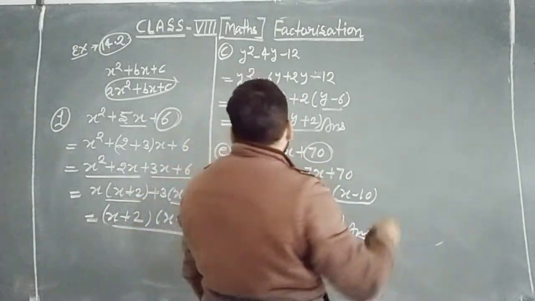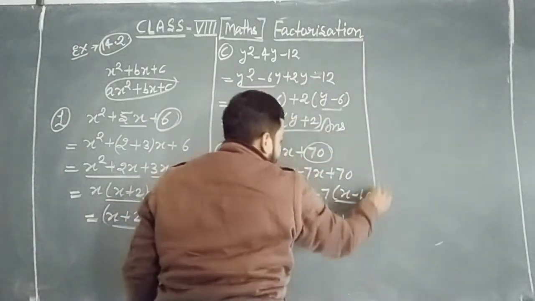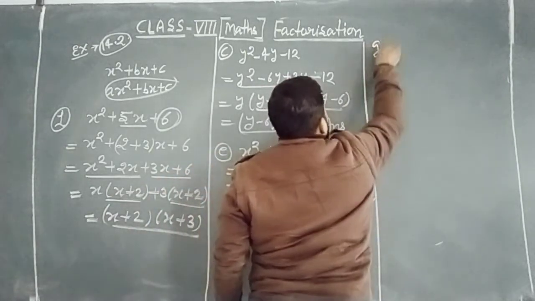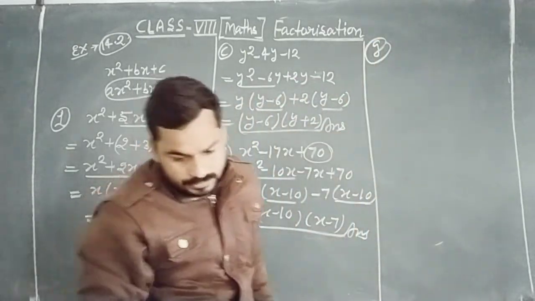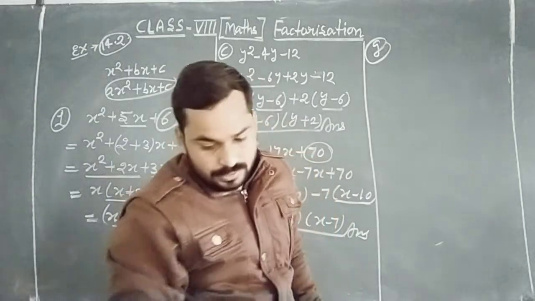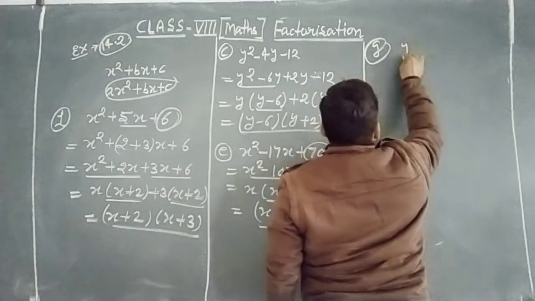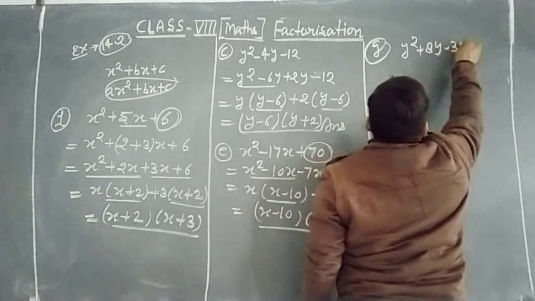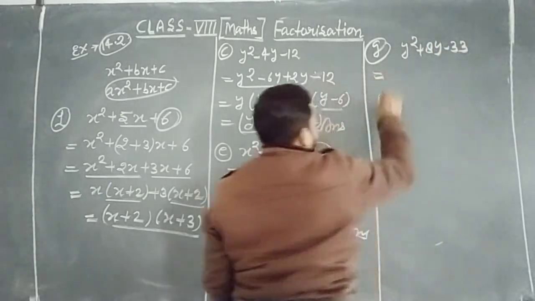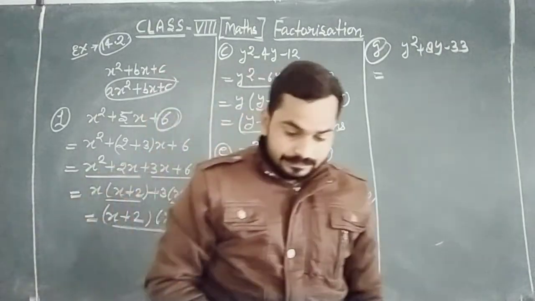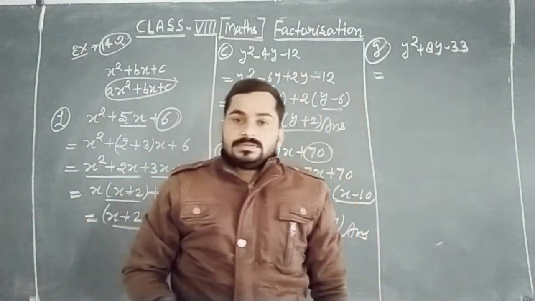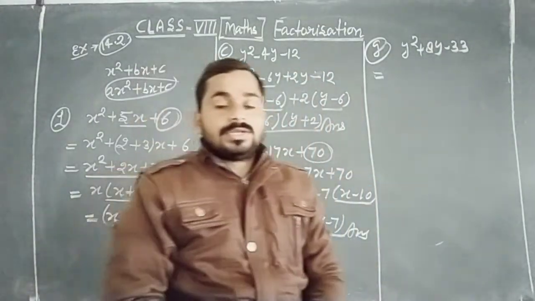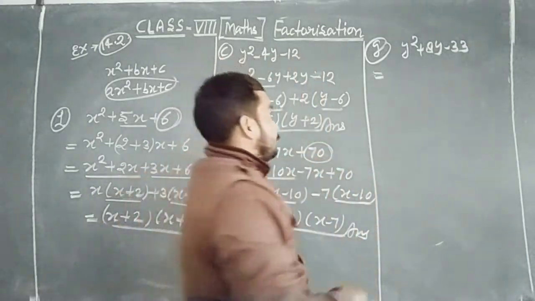Then the g part. G part is y square plus 8y minus 33. So factorize 33: 11 times 3 is 33, and 11 minus 3 is 8.